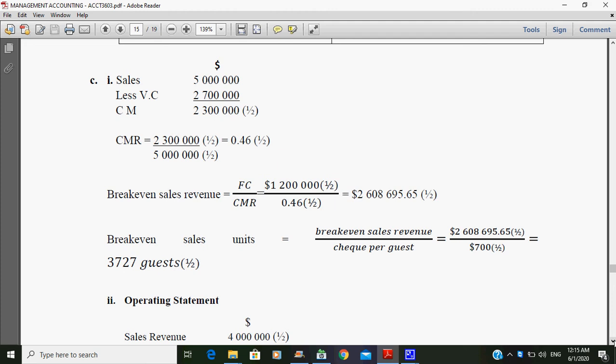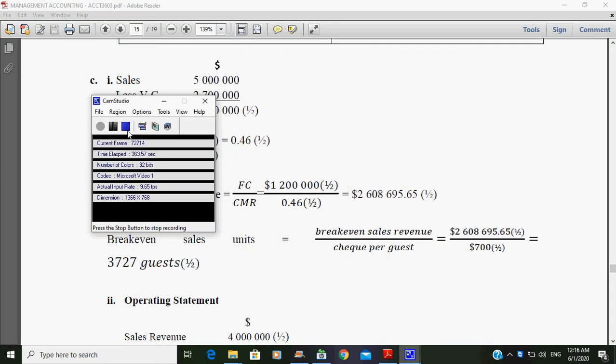So in this case, you divide the break-even sales revenue by 700, and you would get 3,727 guests. That's the answer for the first part of this question.